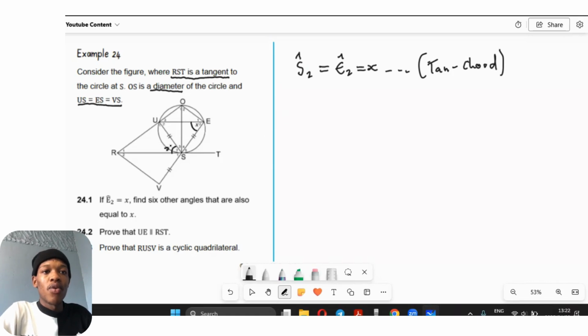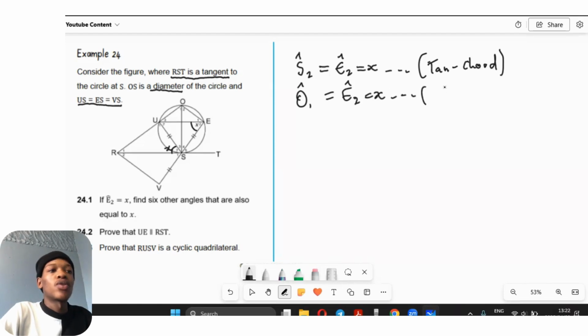So now we know we have X here. Let's go for another one. This one is O1. Angle O1 is equal to angle E2, and they are equal to X. Why? Because of angles in the same segment.